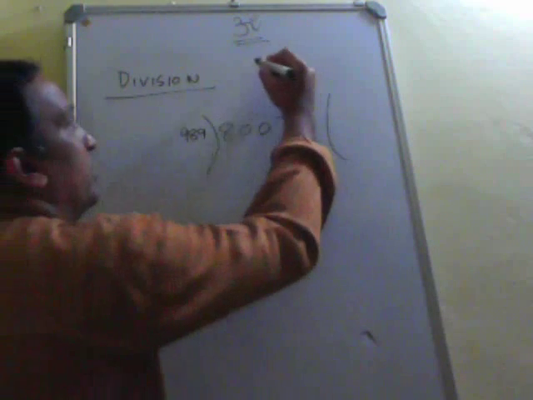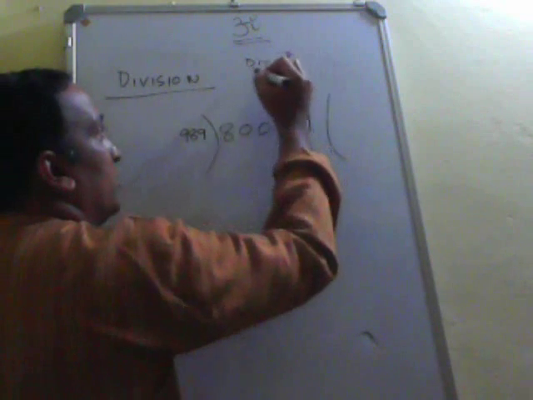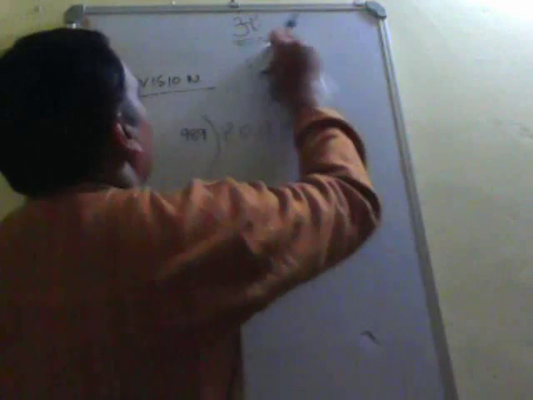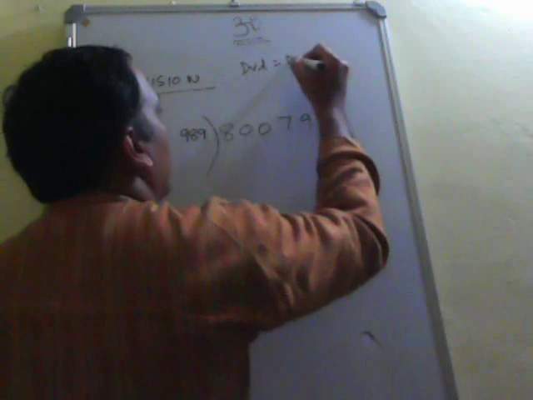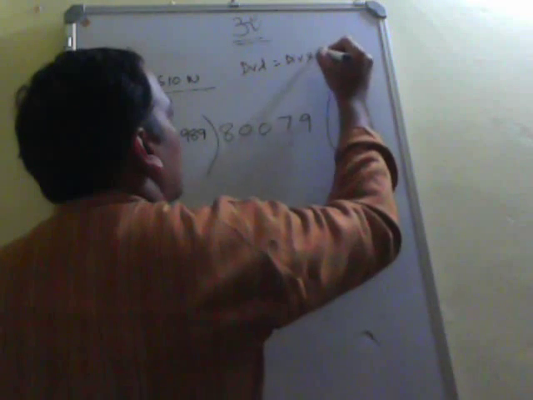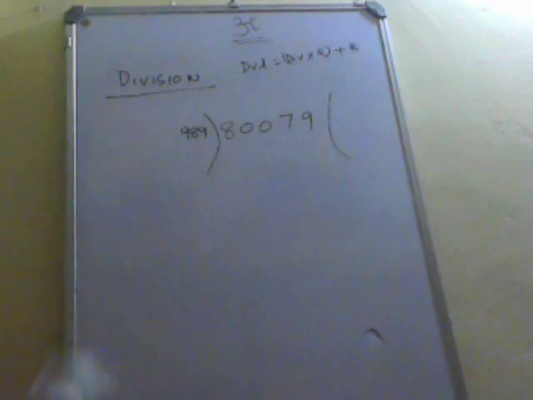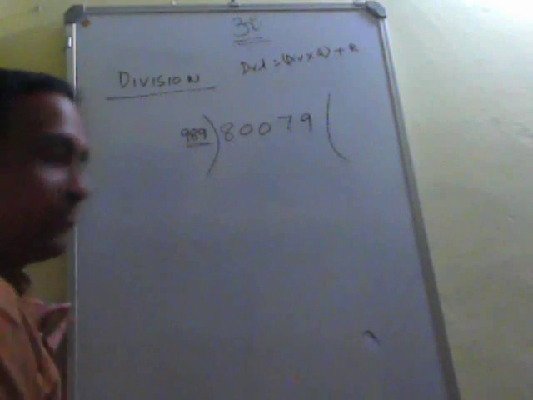Dividend is equal to divisor into quotient plus remainder. Correct? Okay, so now we will do this. Now this is our divisor.